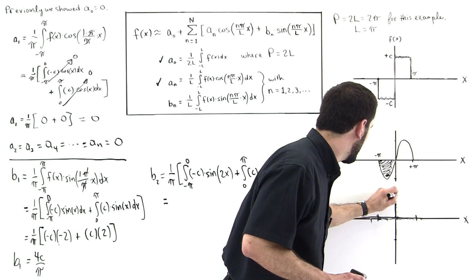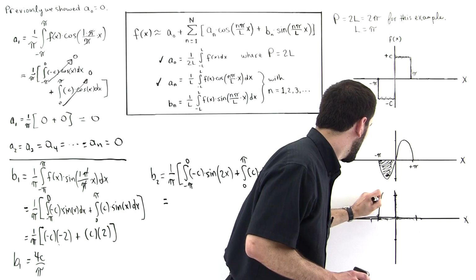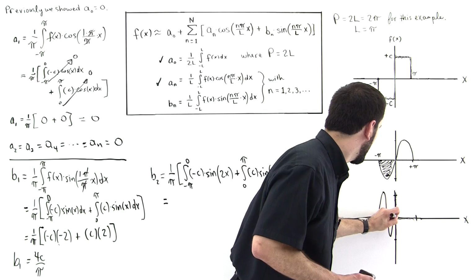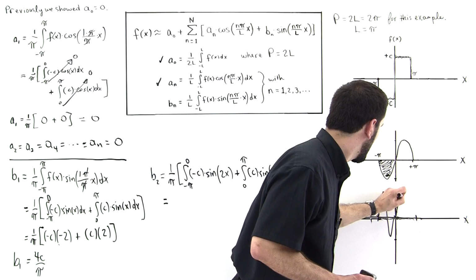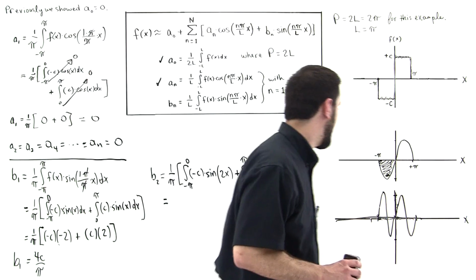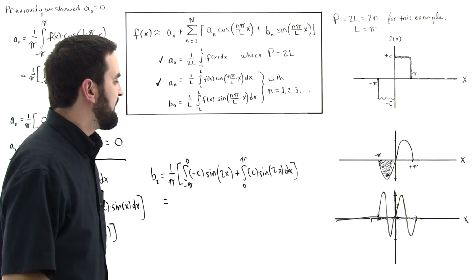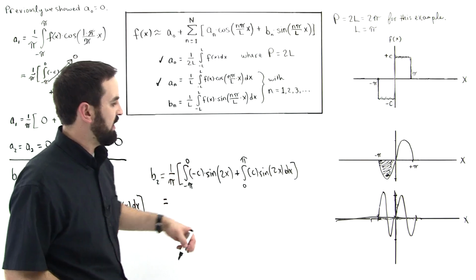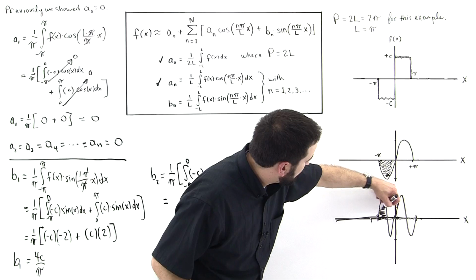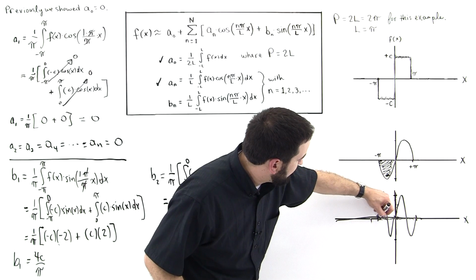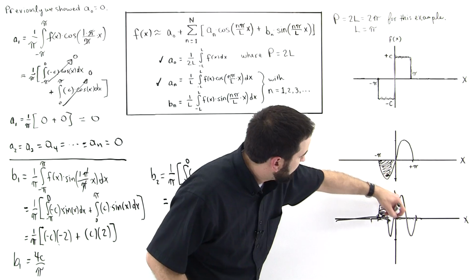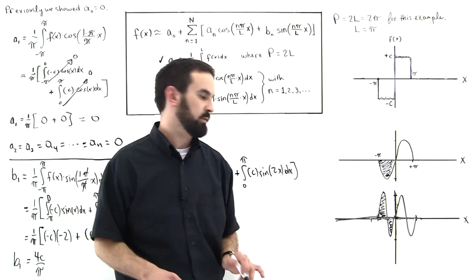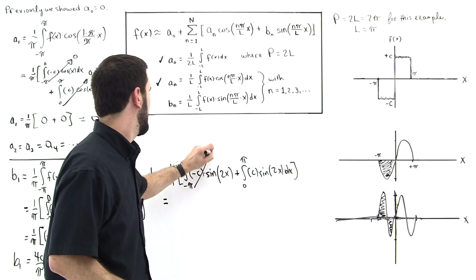So it's going to go like that, and like that, right? Then when you integrate from negative pi to 0, this negative c factors out. And look, this is negative pi right here, and this is 0. You've got an area above and an area below, 0. So this term is 0.